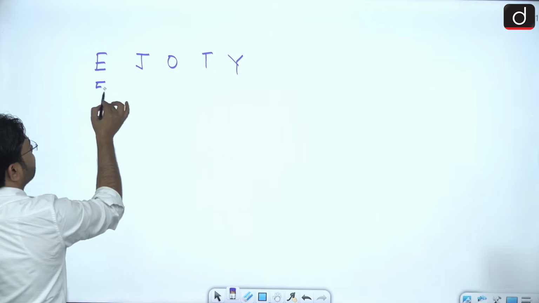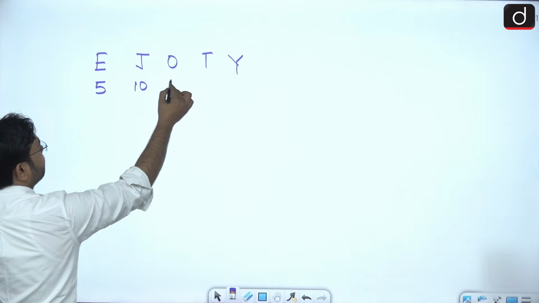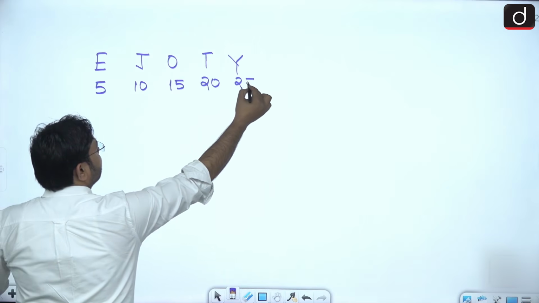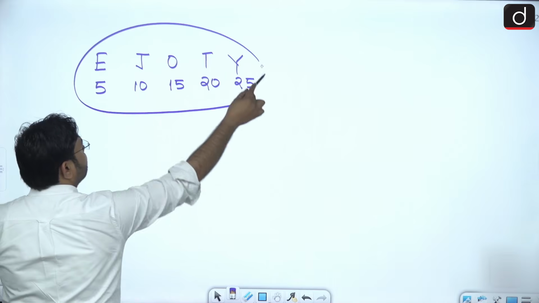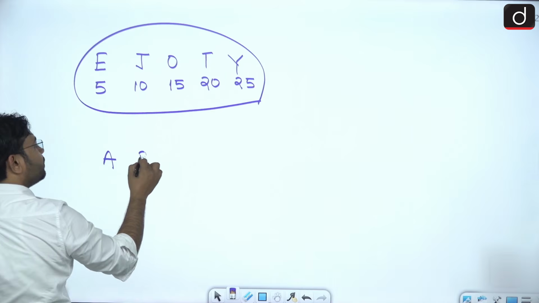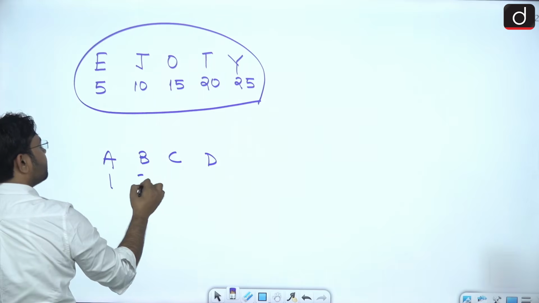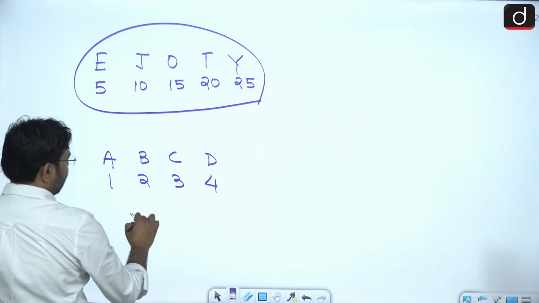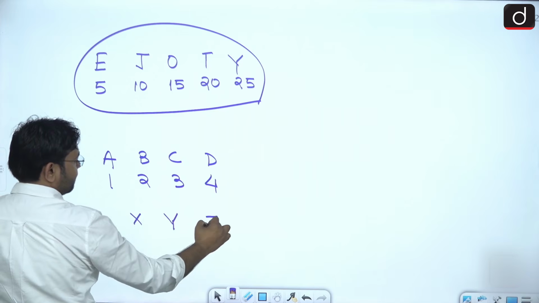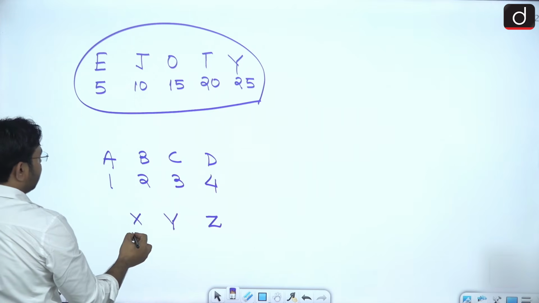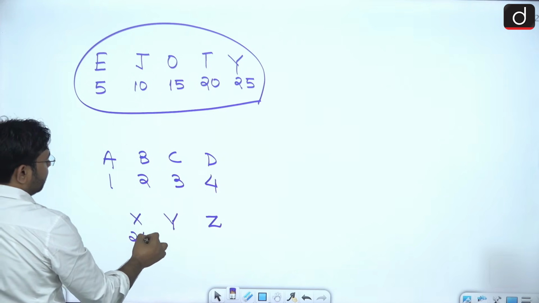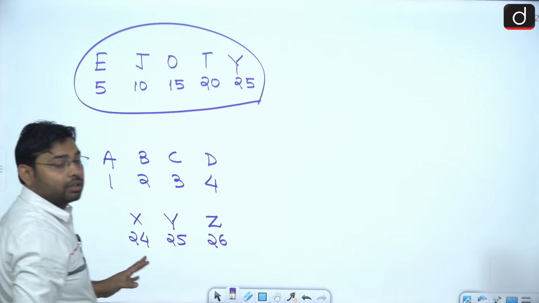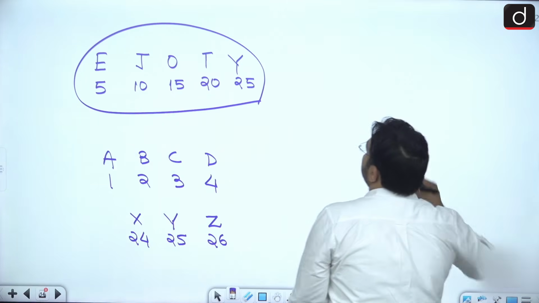This is 5, 5 plus 5, 10 plus 5, 15 plus 5, and plus 5. 5 letters are there: A, B, C, D, then X, Y, Z. 20, 4, 20, 5 and 20. No problem in this. Done.